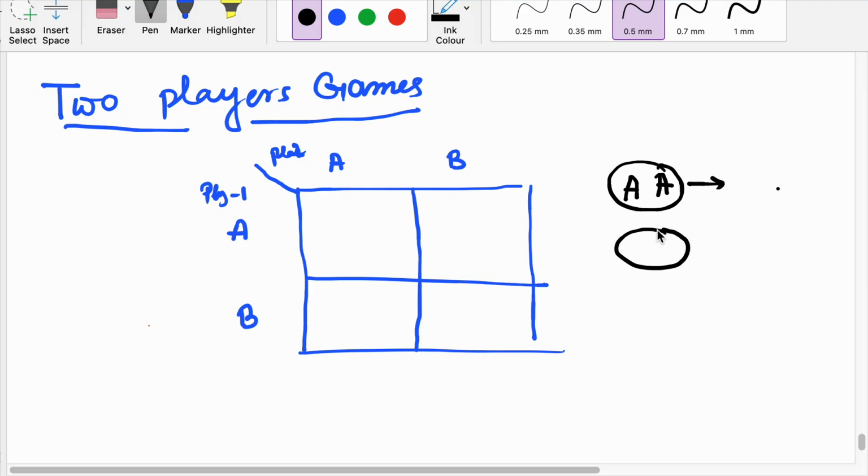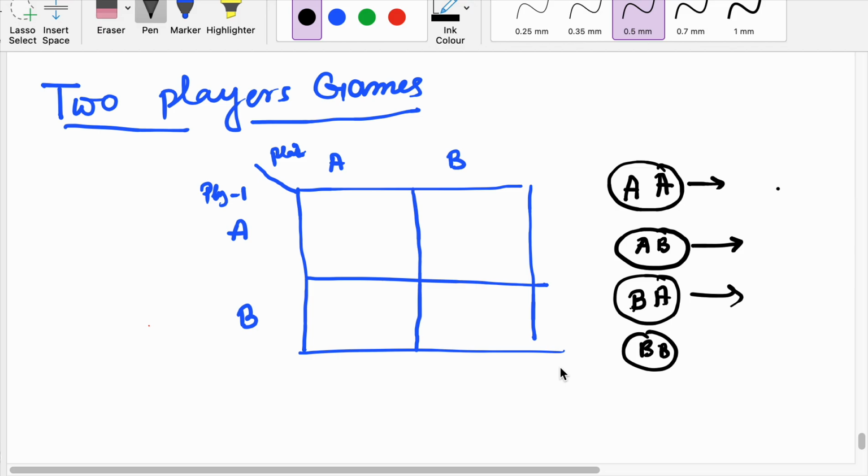Again, player 1 takes A, player 2 takes B, and for that he also gets something. And player 1 takes the action A and player 2 takes the action, suppose A. These four things would happen here.